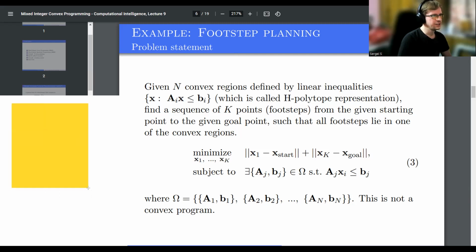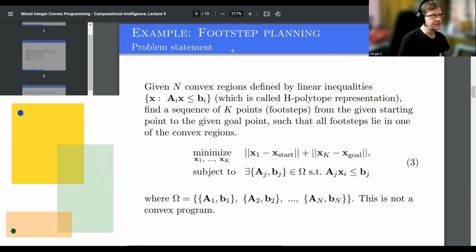Okay, so this is one region. And this is another region. And let's say maybe here's the final one. Question is, how do you plan a path? I'll denote it by red dots that goes from the initial point. Let's say initial point is blue dot here to the end point, which is a green dot here.